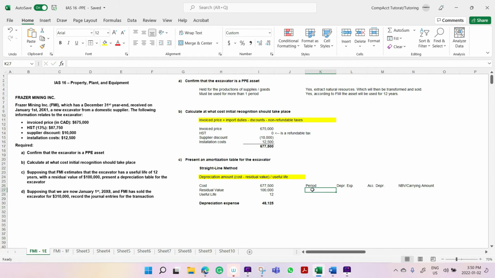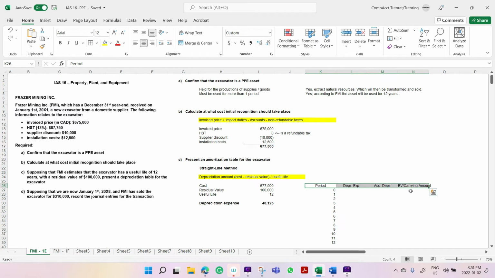For the period, you always start with 0. Period 0 is always your first one. Then you're going to have 1, 2, and we're going to go all the way to 12 with the excavator. We've got 12 years.